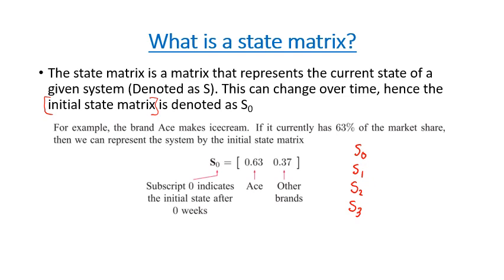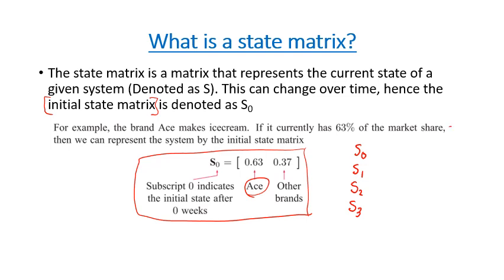So our initial state matrix has 63, or 0.63, which is 63% as a decimal, under Ace, and 0.37, which is the rest of the market share, goes to other brands, because remember that a market share has to equal 100%. So 100% take 63% is going to be 37%, which gives us 0.37.